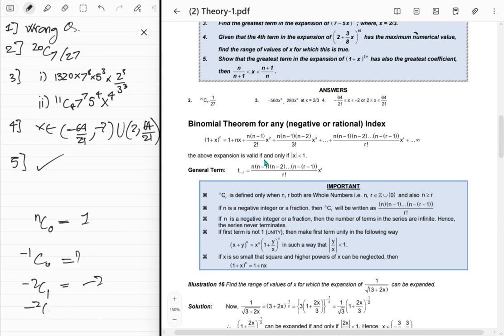And then negative 2C2, that will be negative 2 into negative 3 upon 2 factorial. Before you couldn't do 2C3 or anything, that would be 0. But in this case, you can do negative 2C3 as well. So it's going to be negative 2, negative 3, negative 4 upon 3 factorial, right? So it will keep on going. And this also works for rational numbers. So you could just have negative 2/3 or anything over here.